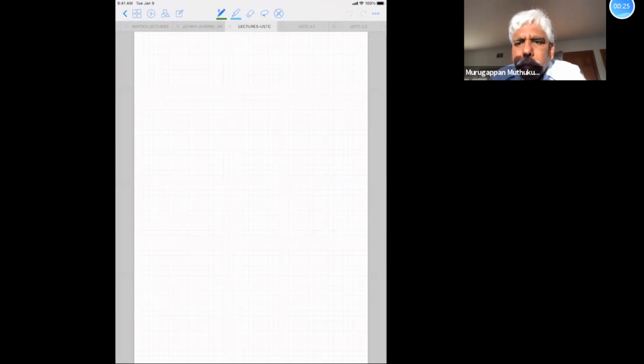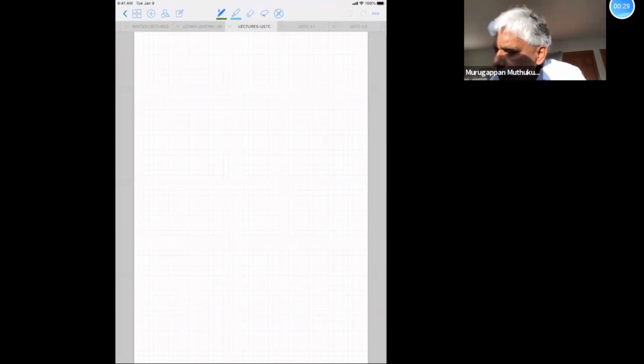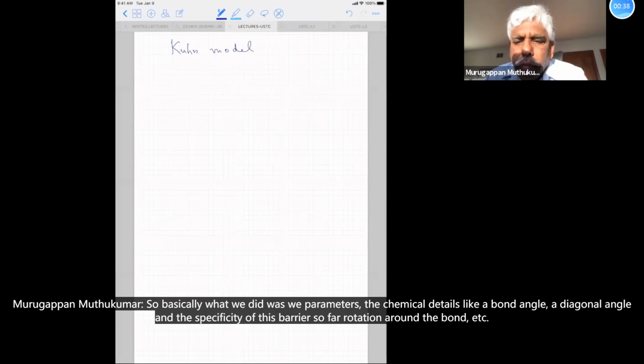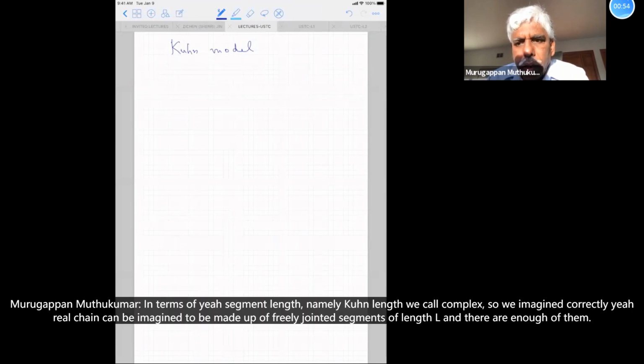Okay, in the last lecture, I introduced the Kuhn model. What we did was parameterize the chemical details, like the bond angle, the dihedral angle, and the specificity of the barriers for rotation around a bond, in terms of a segment length, which we call the Kuhn length.